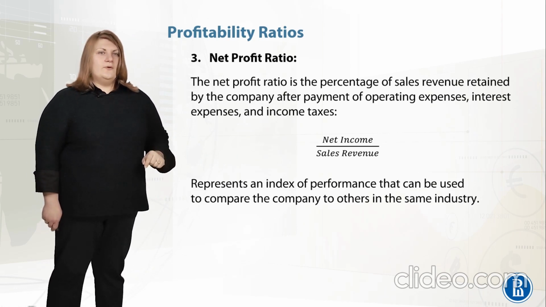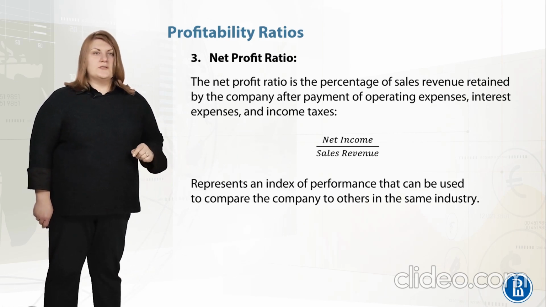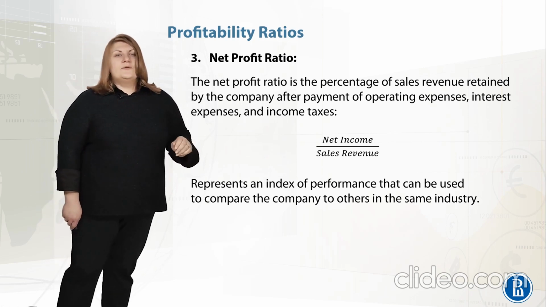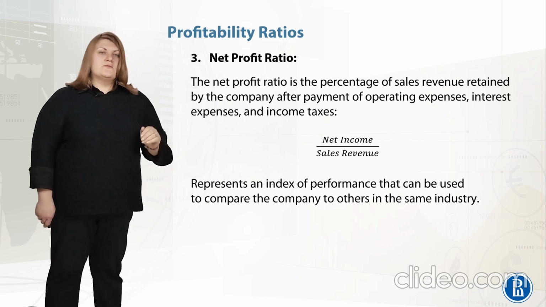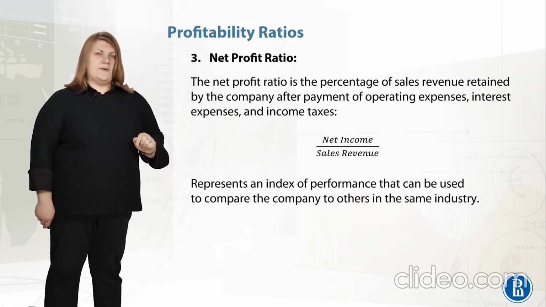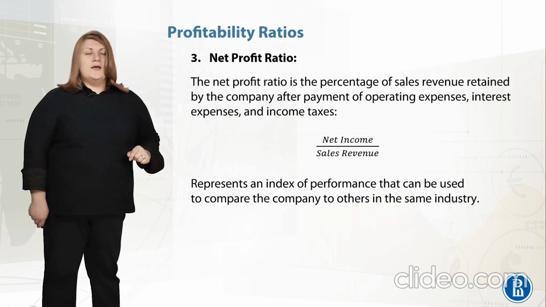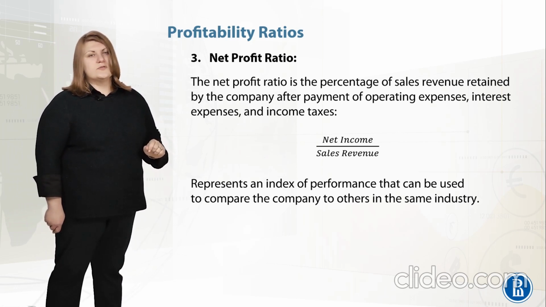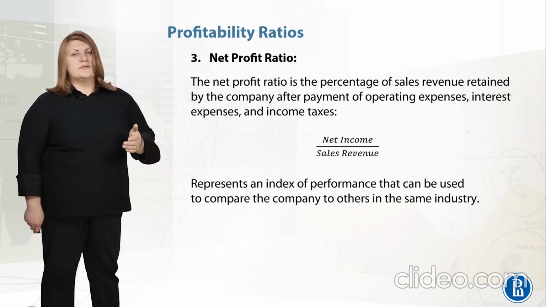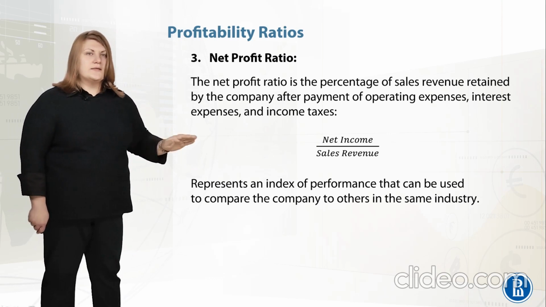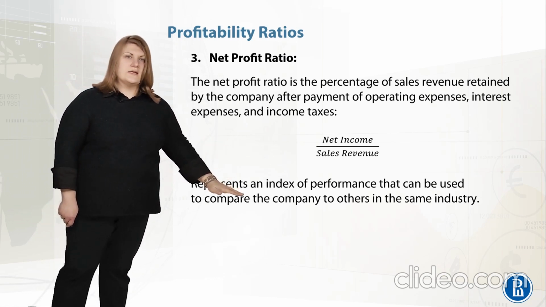The next type of profitability ratios is net profit ratio. The net profit ratio is the percentage of sales revenue retained by the company after payment of operating expenses, interest expenses, and income taxes. This ratio represents an index of performance that can be used to compare the company to others in the same industry, and is usually expressed as net income over the sales revenue.